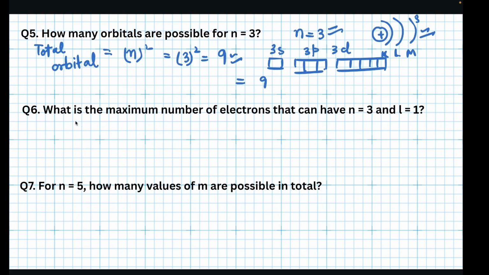Next question is, what is the maximum number of electrons that can be there if n is equal to 3 and l is equal to 1? So for n is equal to 3 and l is equal to 1, we need to calculate the maximum number of electrons. So n is equal to 3, that means third shell.